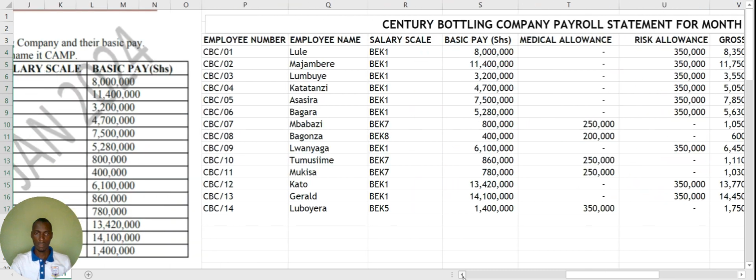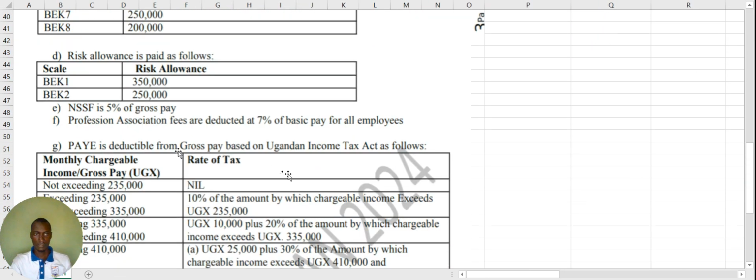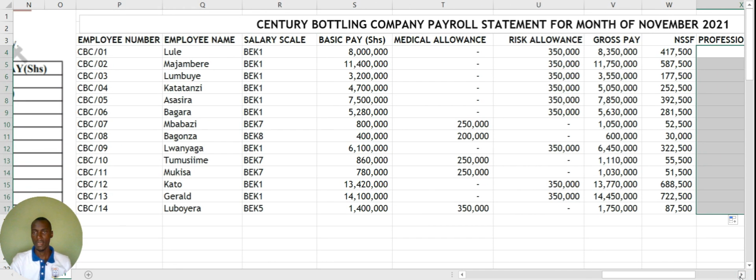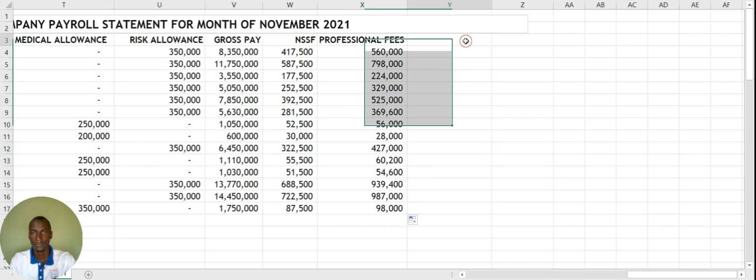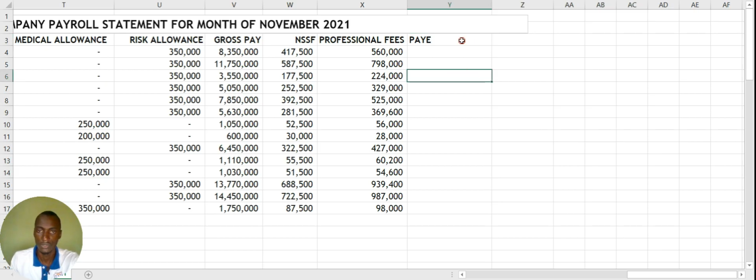What else are we required to come up with? Then pay as you earn is deductible from gross pay based on the Uganda Income Tax Act. We have the tax table there. Let's try to see how we can come up with our pay as you earn. NSSF, professional fees, pay as you earn, these are all deductions. So still we use the IF.